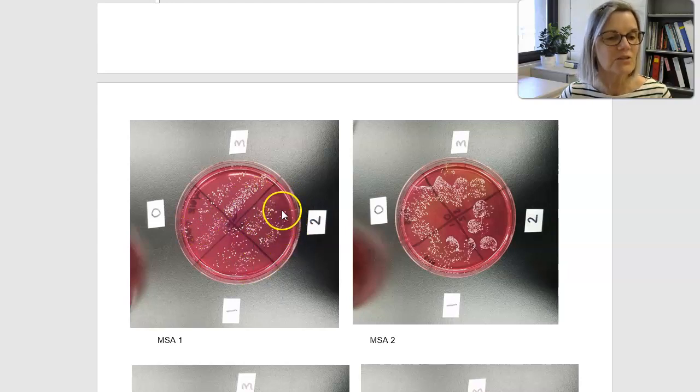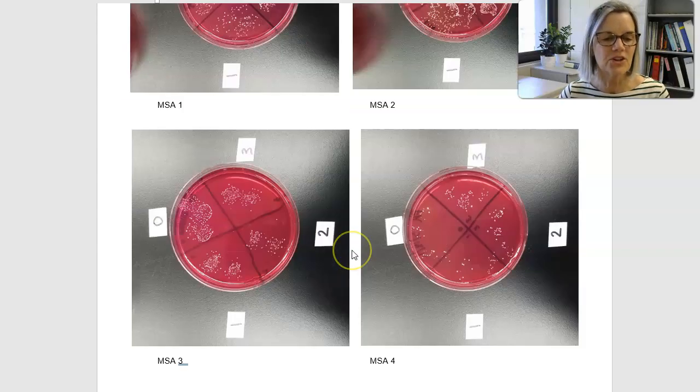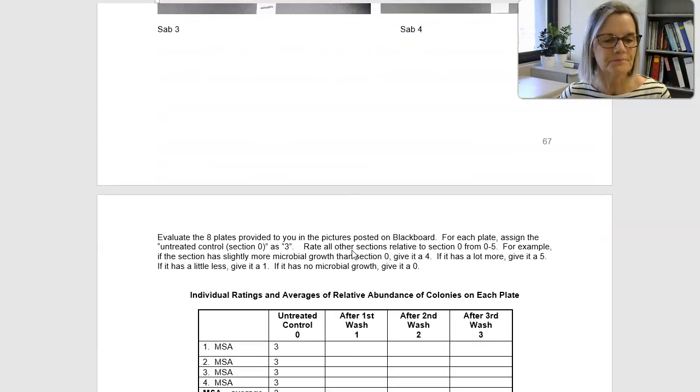So I'm going to give that a 3 also. When I look at section 3 after 3 hand washes, I think that looks like there's more colonies there. So I might give that a 4. And so every plate you're going to end up with 4 numbers.